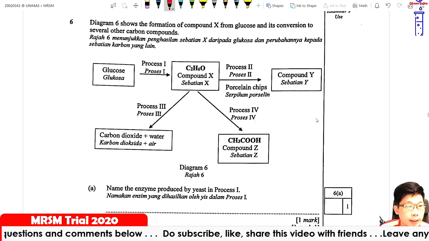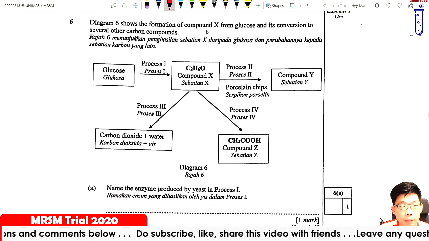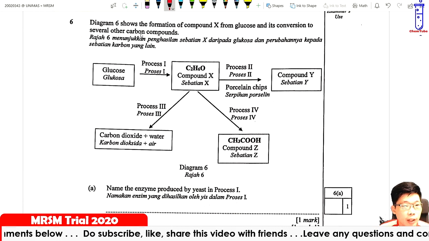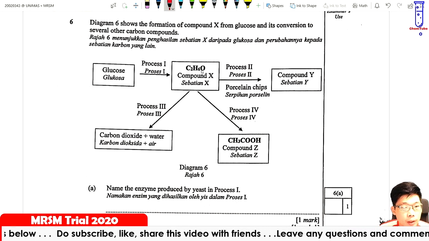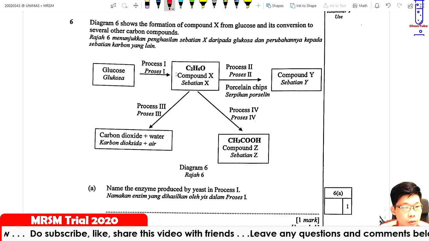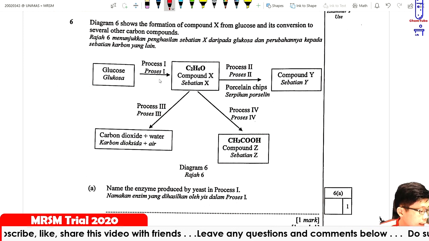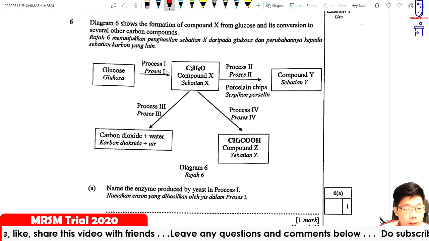Question number 6. The diagram shows the formation of compound X from glucose and its conversion to several other carbon compounds. You can see glucose to compound X undergoes process 1.